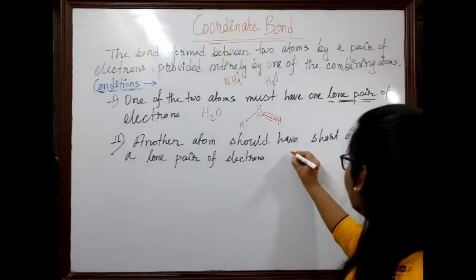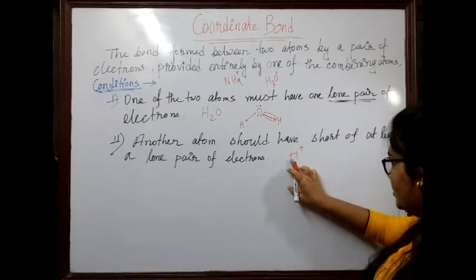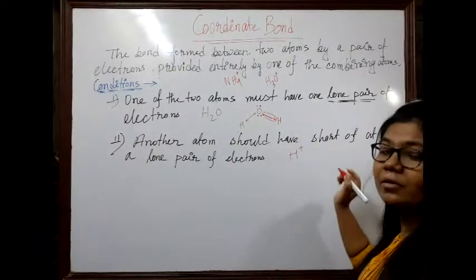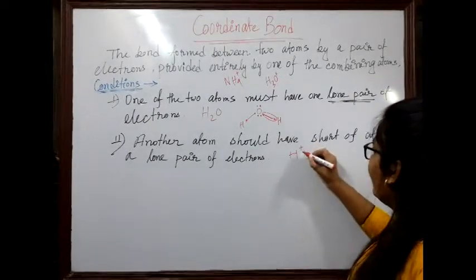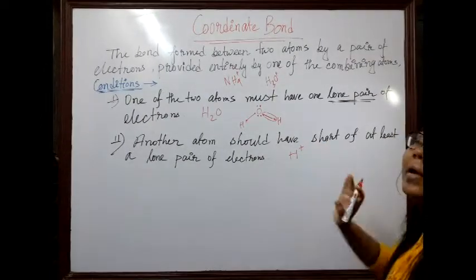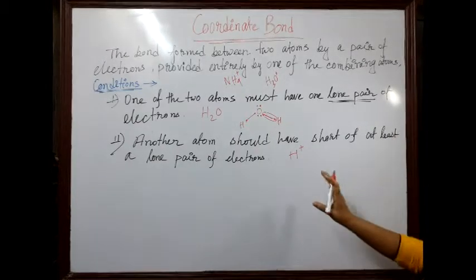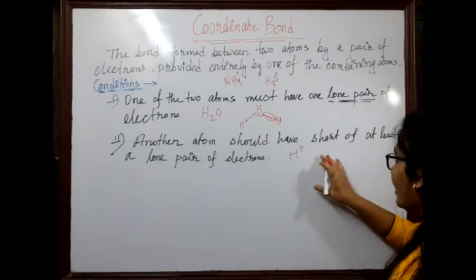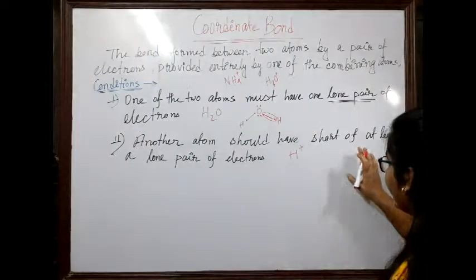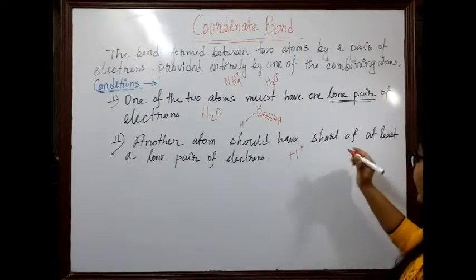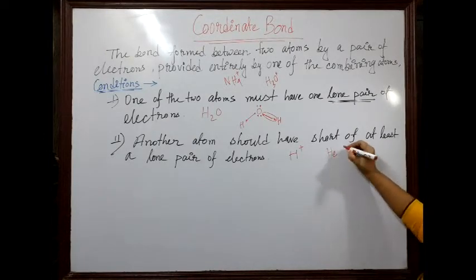Okay. The second point is, another atom should be short of at least a lone pair of electrons. Like, we can take the example of the H plus ion. Okay. A hydrogen atom has one electron in its outermost shell, that is the valence shell. H plus ion means there is no electron. Okay. So if the H plus ion wants to attain a stable electronic configuration, that is the electronic configuration of an inert gas, the nearest inert gas is helium. Okay. So helium has two electrons.